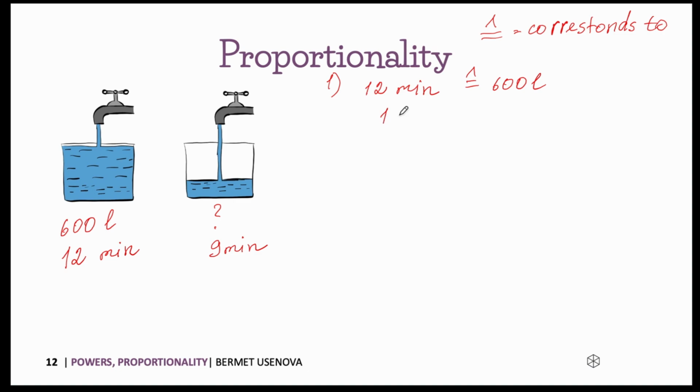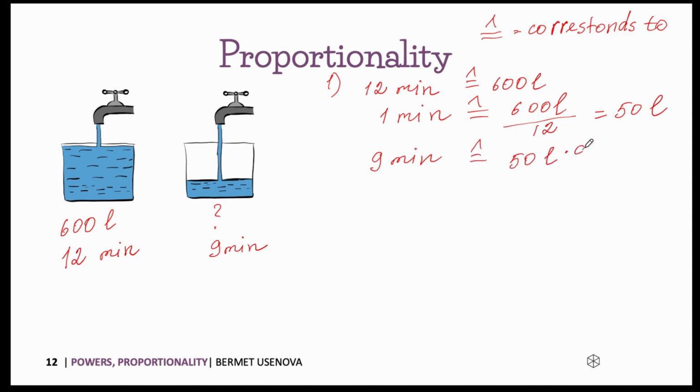To find out how many liters of water flow in 1 minute, we can divide 600 liters by 12 and find out that 50 liters corresponds to 1 minute. And from here, it's logical that 9 minutes corresponds to 50 liters multiplied by 9, which is 450 liters. So this is the answer for our first method, which is rule of 3.